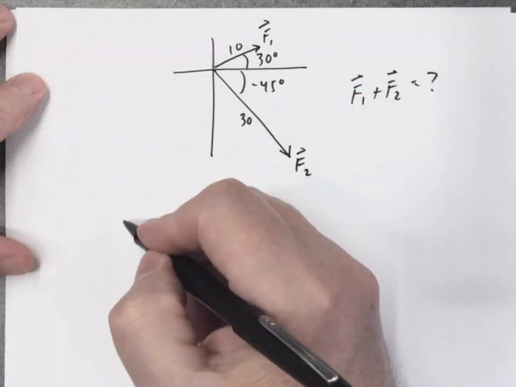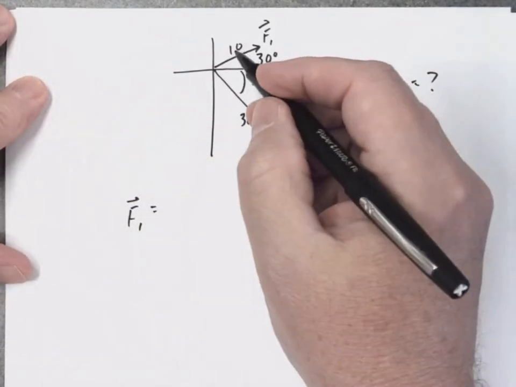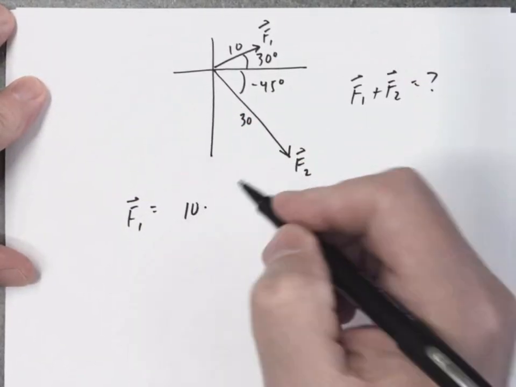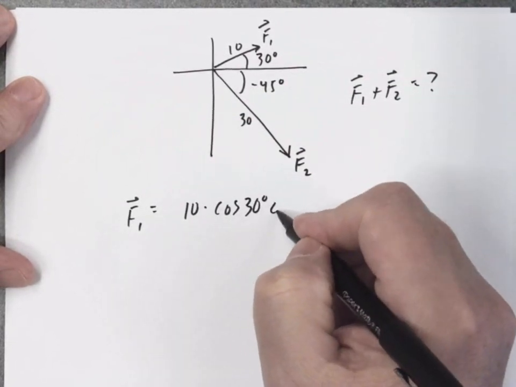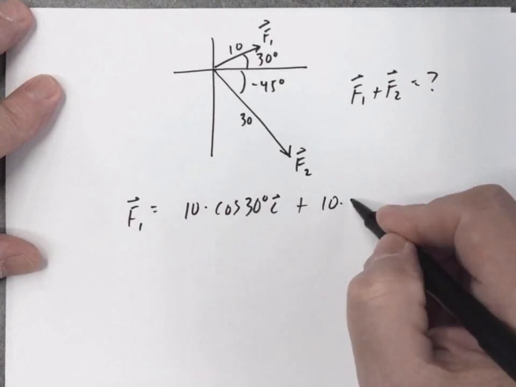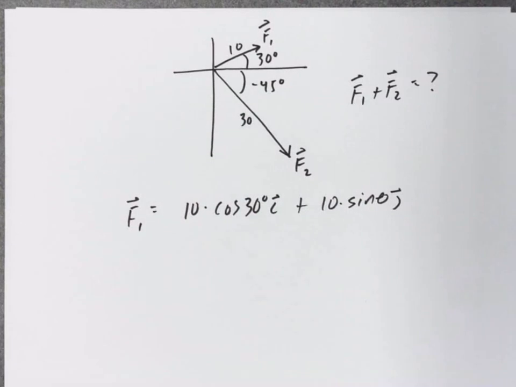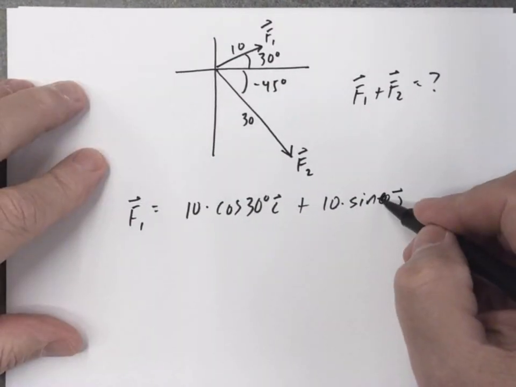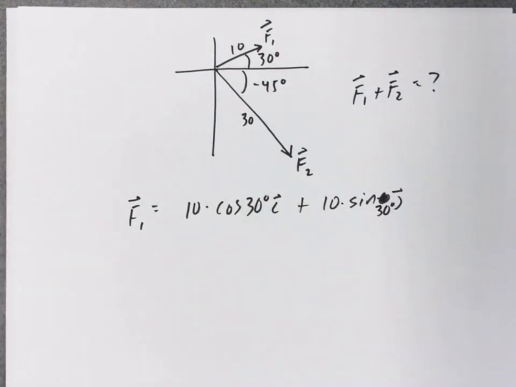So let's take F1. To put it in IJ form, you take the magnitude times the cosine of the angle. That becomes your I part. Plus the magnitude times the sine of the angle, and that becomes the J part. Oops, it's actually 30 degrees. Since we want exact answers, these are special angles.